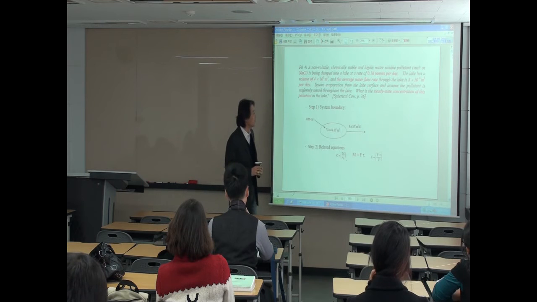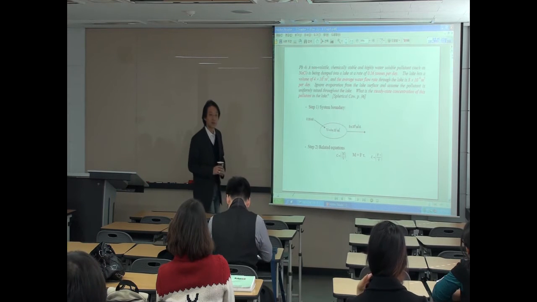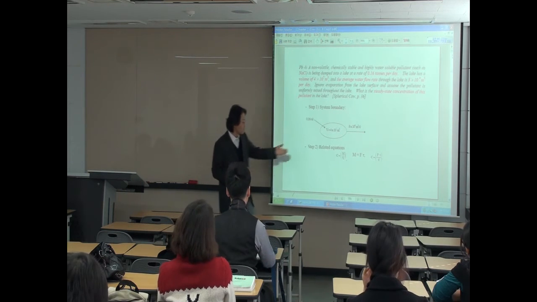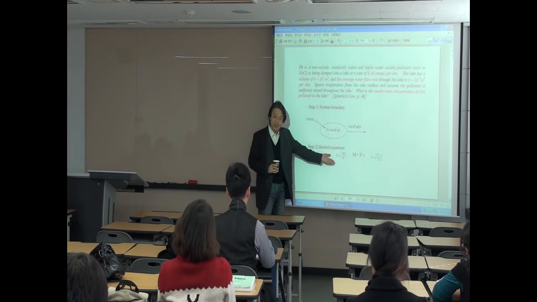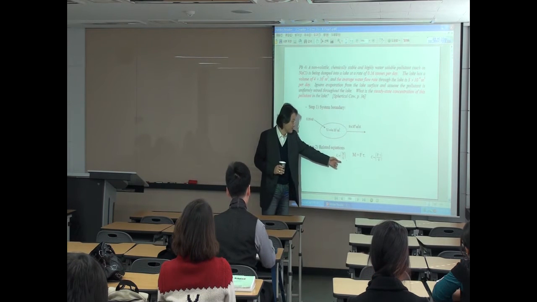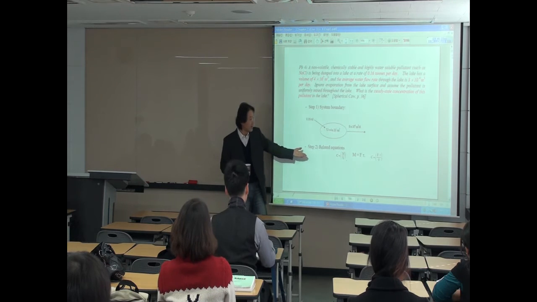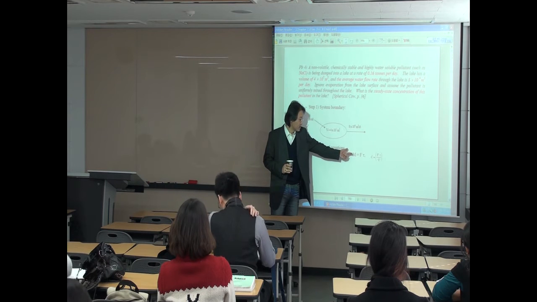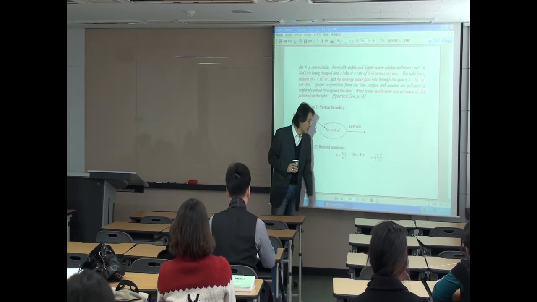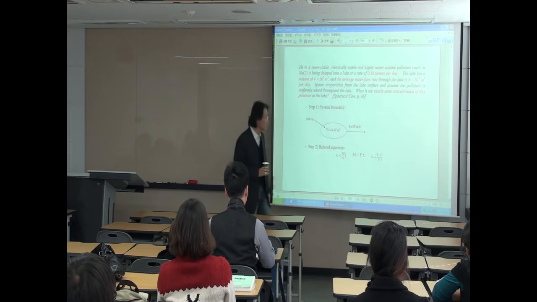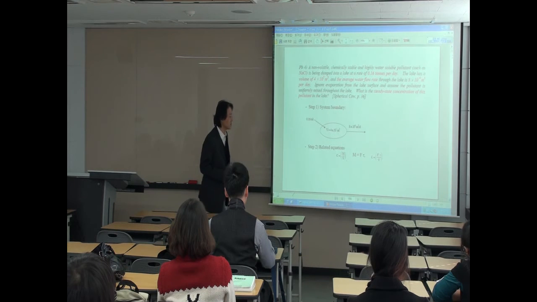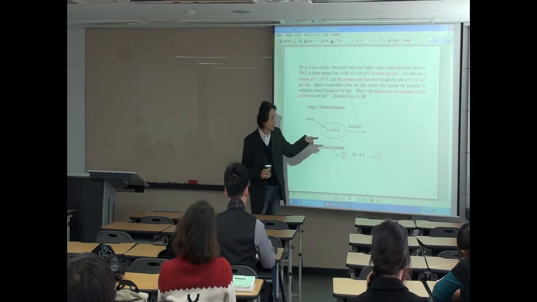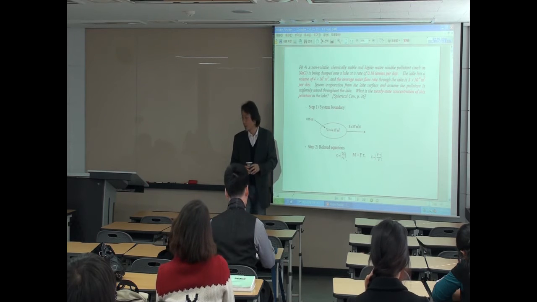So think about the related equation. Actually, we want to know the concentration of the sodium in the lake. So the concentration is stock divided by volume. This is very simple, right? And the stock equals flow rate times hydraulic retention time. So we can get concentration equals flow times retention time divided by volume.